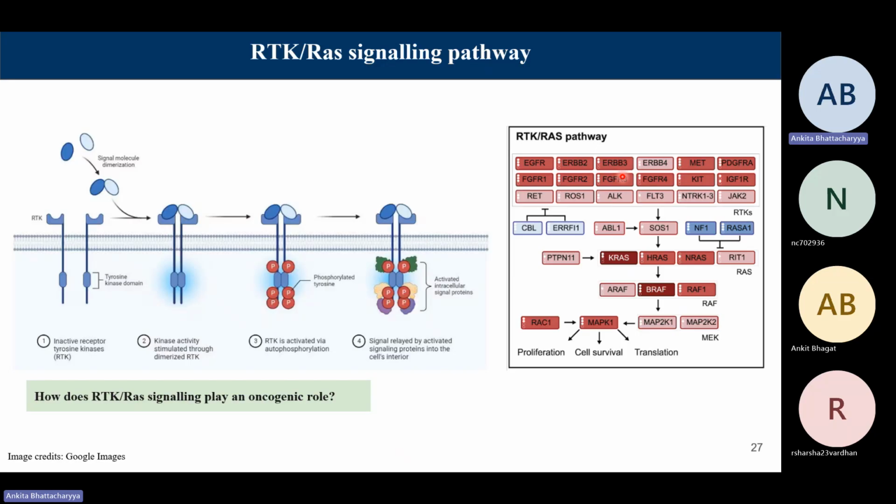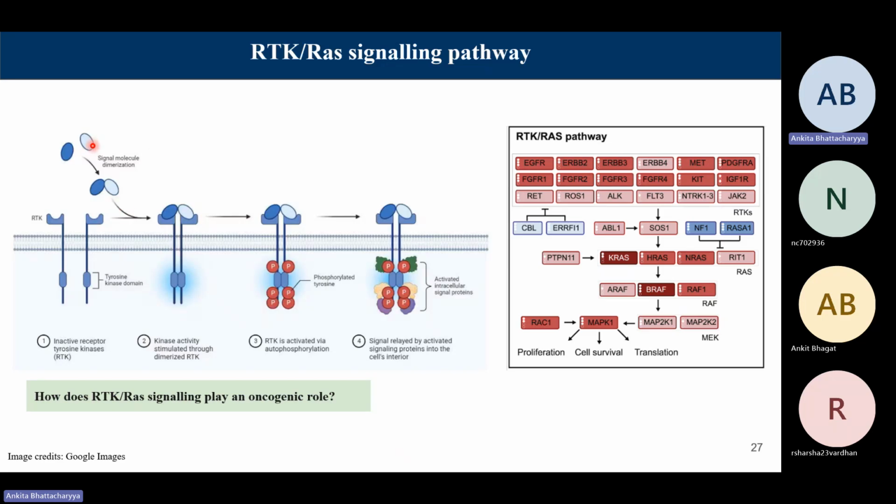The first example being the RTK RAS signaling pathway. Under the purview of that, we first understood the basic role of RTK RAS signaling in oncogenesis. So you have your receptor tyrosine kinase, or RTK, which carries this tyrosine kinase domain on the intracellular side, and the ligand obviously binds on the outside.